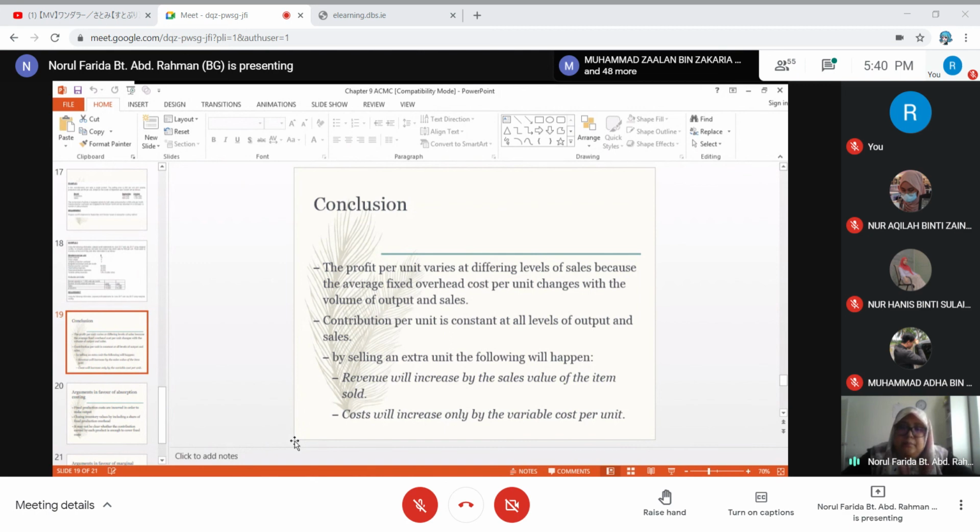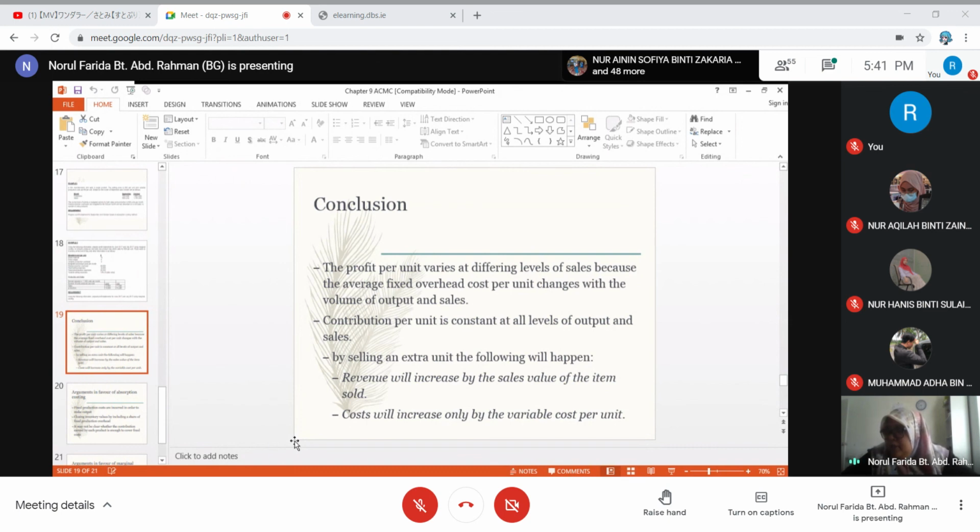Alright. However, kita tak nampak lagi kat sini sebabnya you tak buat lagi satu soalan dengan information yang sama. Right? Contribution per unit is constant at all level of output and sales. Total contribution, which is the contribution per unit multiplied by the number of units, so increases in direct proportion to the volume of sales. Therefore, it follows that by selling an extra unit, the following will happen.